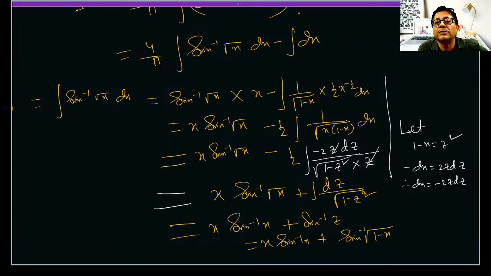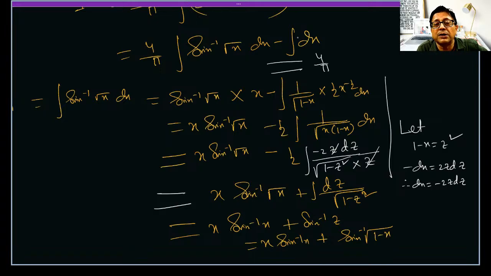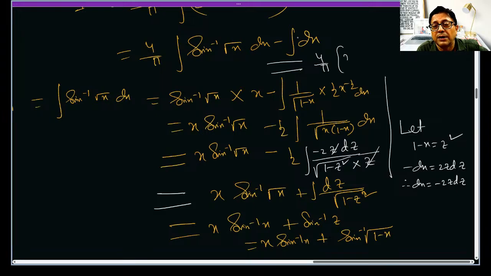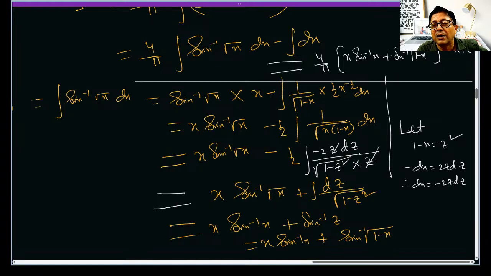Just write the answer now. The answer is 4 by pi, whatever you got, that you put there: x sin inverse root x plus sin inverse root 1 minus x, this minus x, plus c. Clear? Understood? Okay?